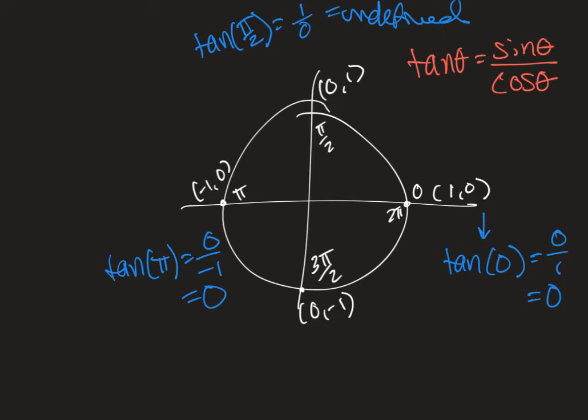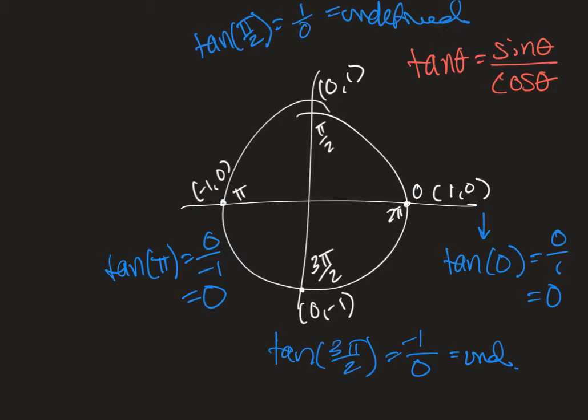And then tangent of 3 pi over 2, same as pi over 2, is going to be negative 1 divided by 0. Can't do it, undefined. So for what angles is the value of sine of that angle equal to the value of tangent of that angle?